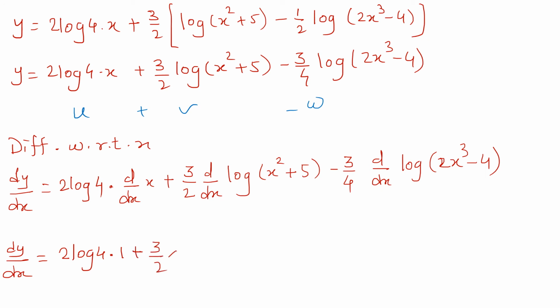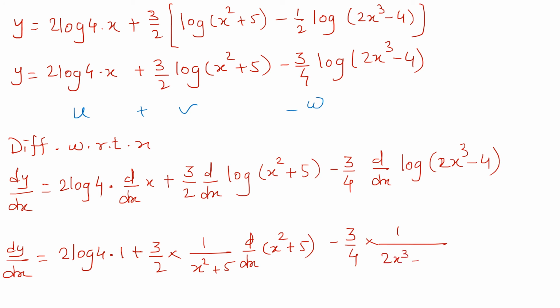Derivative of log of x square plus 5 is 1 upon x square plus 5 into d by dx of x square plus 5, minus 3 by 4 is same. Derivative of log of 2x cube minus 4 is 1 upon 2x cube minus 4 into d by dx of 2x cube minus 4.